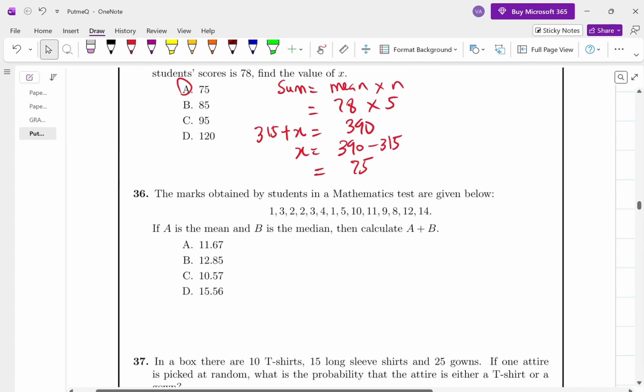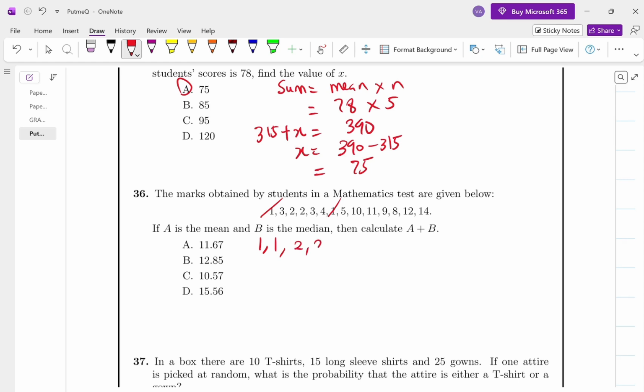Question 36. The marks obtained by students in a mathematics test are given below. So these are the marks. If A is the mean and B is the median, calculate A plus B. I want to arrange this first. So I can see that there's a 1 twice. So that's 1, 1. I can see there's 2 twice.